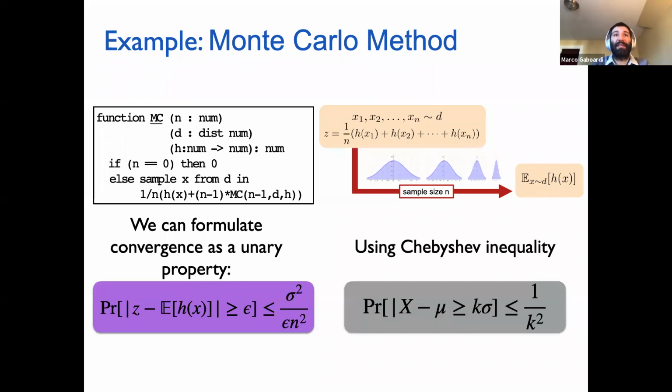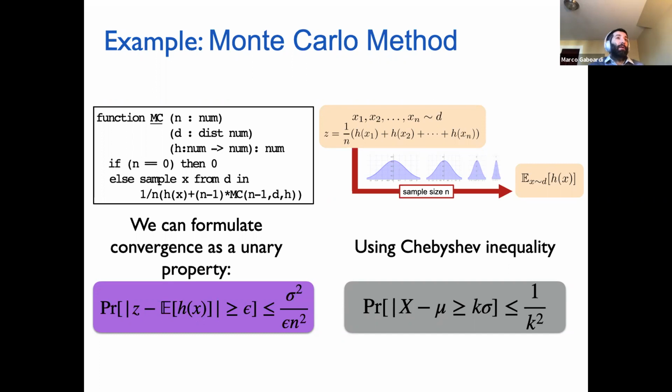We can express this in our type system, and we can prove this. And the proof mainly boils down to an induction over the function MC, so over our program.